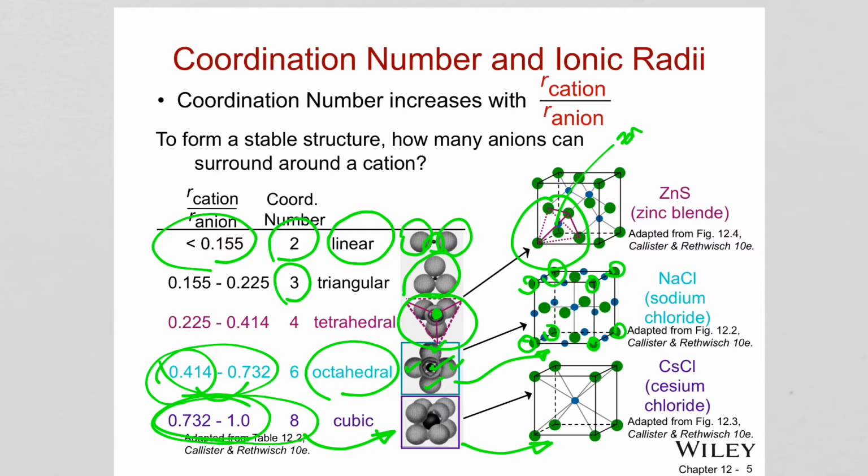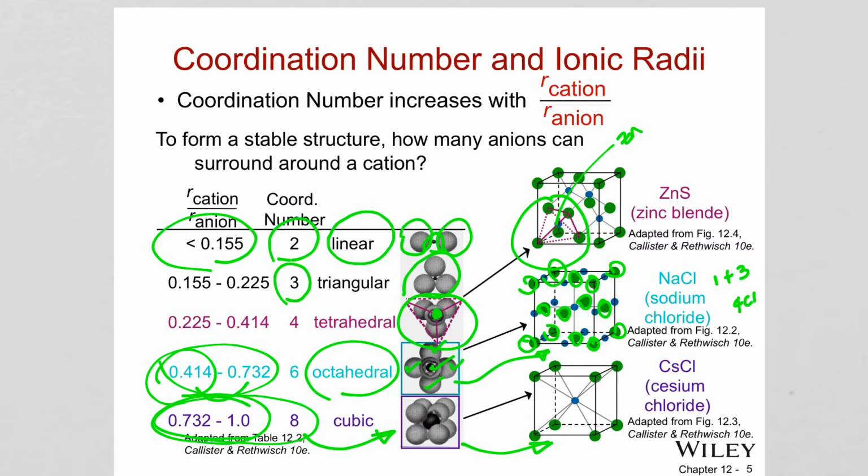That makes 1. And then there are 6 on the faces, and 6 times 1/2 is 3. Okay, so for this one it is 4 chlorine in the unit cell.